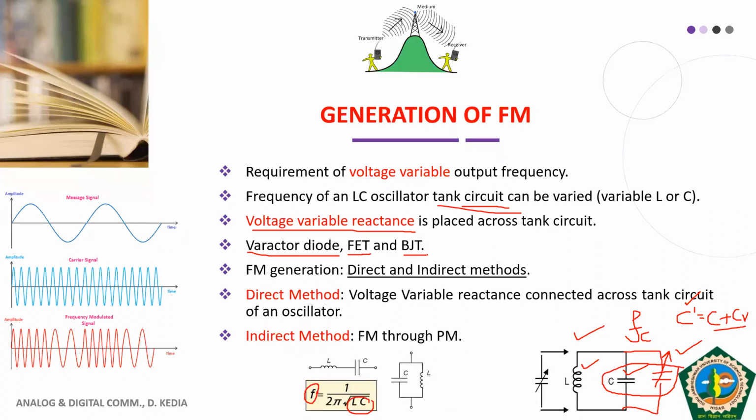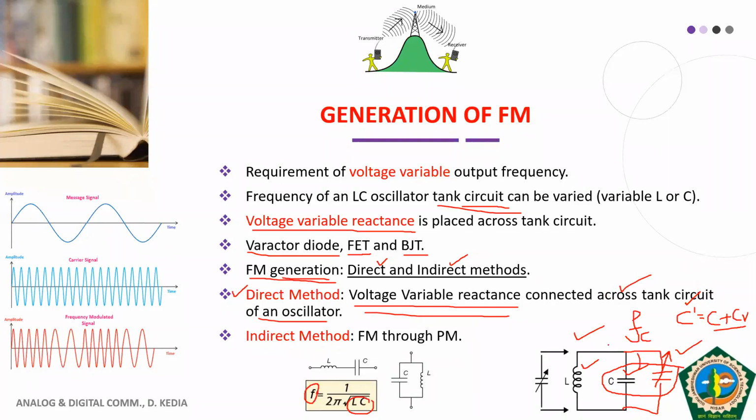Very, very simple. Okay, so that's why the generation of frequency modulation is divided into two types of methods. One is known as the direct method and another is the indirect method. Your direct method is what I explained to you. In the direct method, what do we do? We connect a voltage variable reactance across the tank circuit of an oscillator.